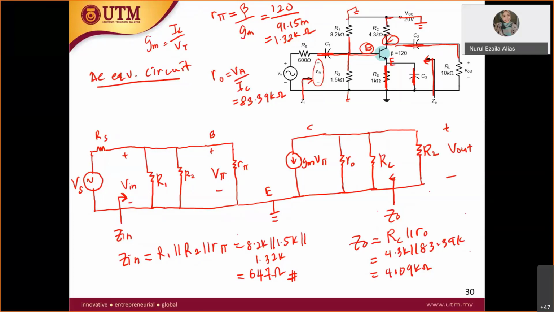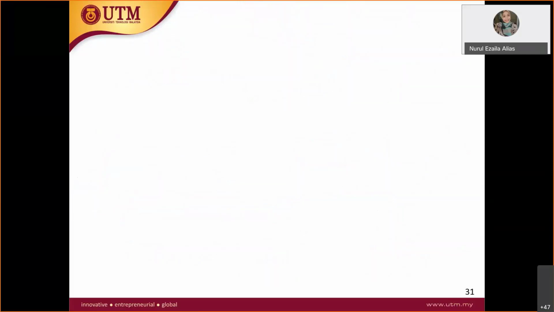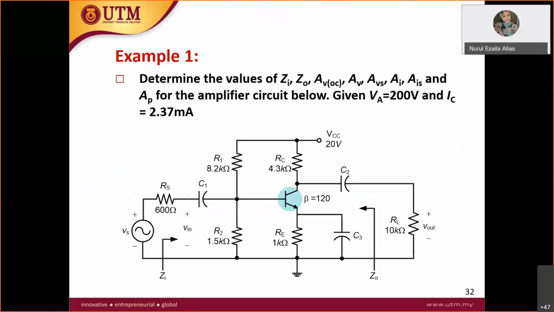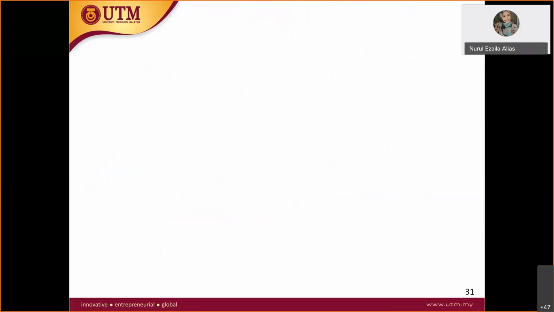Now let's take a look at the AV. The question asks AVOC first and then AV, but it's okay, we'll do it together. AVOC means V out over V in without RL.